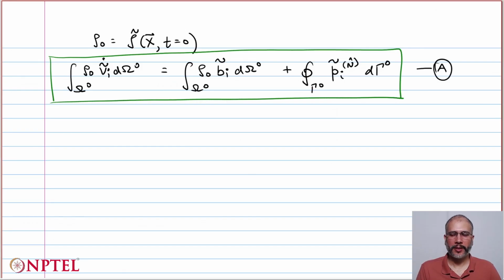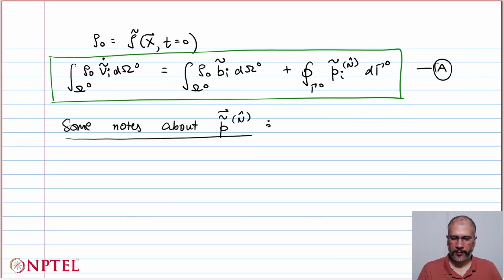So we're almost there, except that we still have to do something about this term here, because earlier when talking about the Eulerian form, we had expressed this in terms of some stress tensor. But here we still have a stress vector. Let us talk about this stress vector P a bit more.